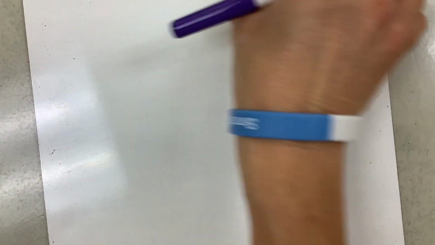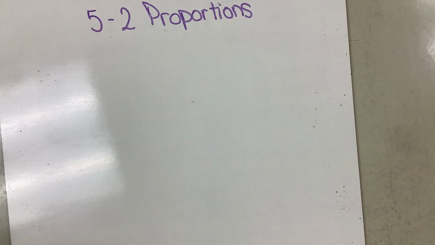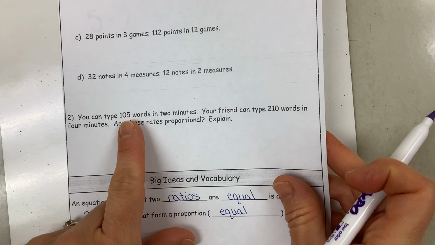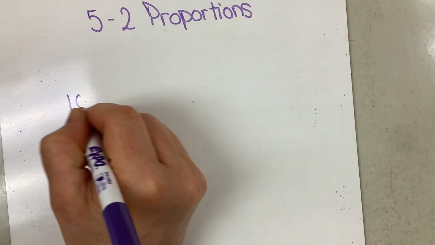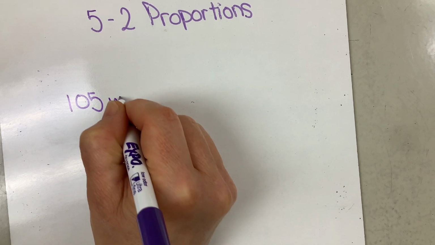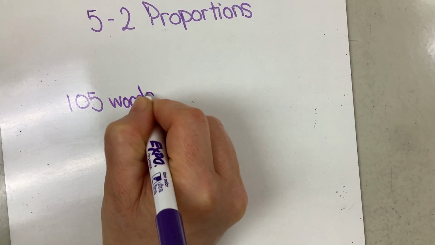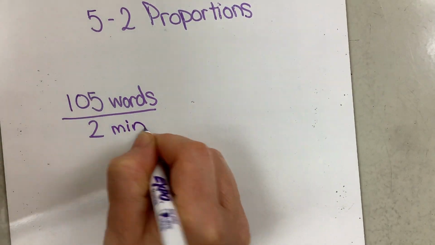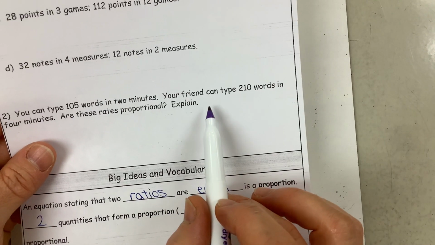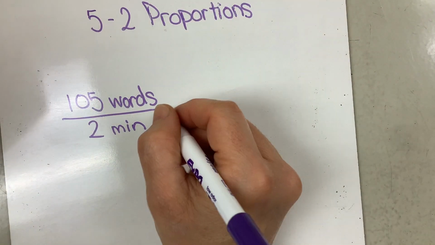Remember, whatever they mention first is always going to go first or in the top in the numerator of your fraction. All right, the last one says you can type 105 words in 2 minutes. So we have 105 words in 2 minutes. Your friend can type 210 words in 4 minutes.